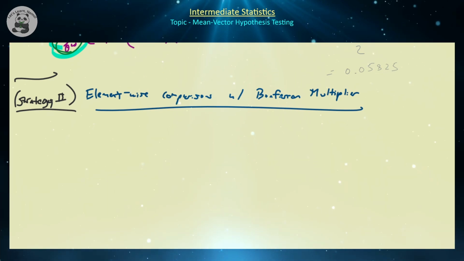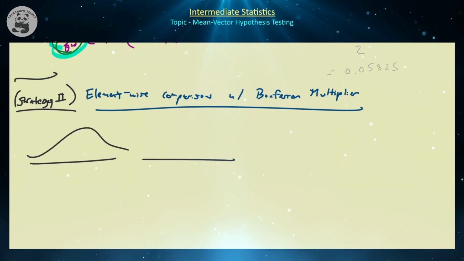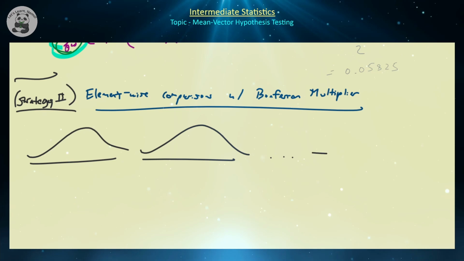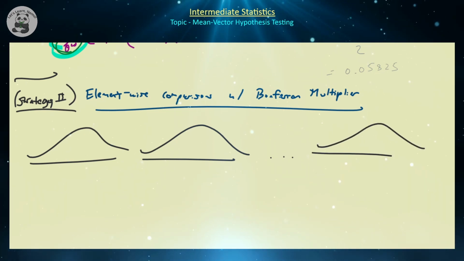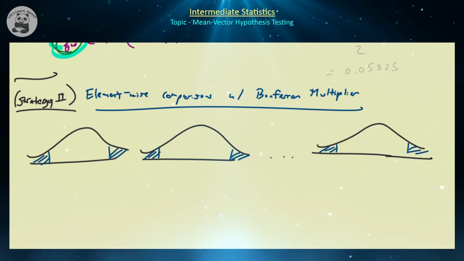So how this goes is we have our k confidence intervals, each of them with their two tails, let's assume. Before we had our alpha j over 2's in each of the tails for each of these k distributions.